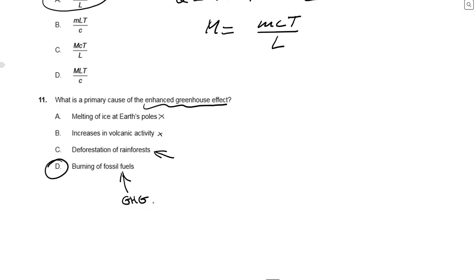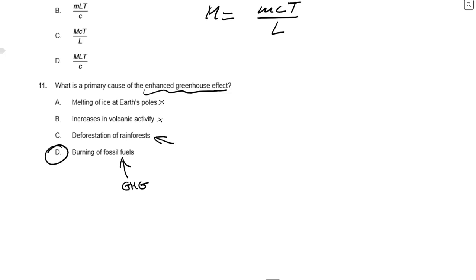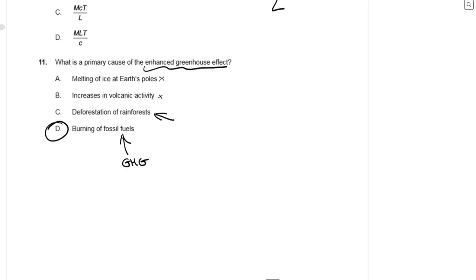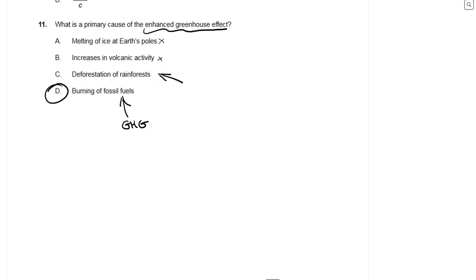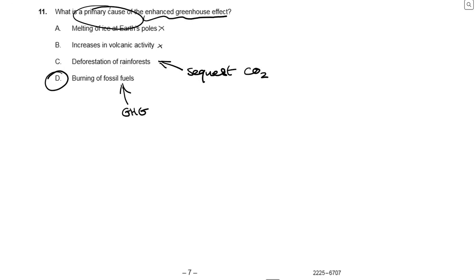We're having extra CO2, methane, sulfides, nitrous gases, and water vapor as well, right? That's a greenhouse gas. The deforestation of rainforests is just reducing our sequestration sources. These sequester CO2, but that's just reduced now. So it's not the primary cause, but it's one cause.